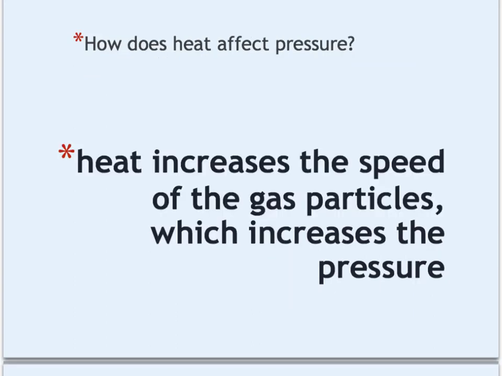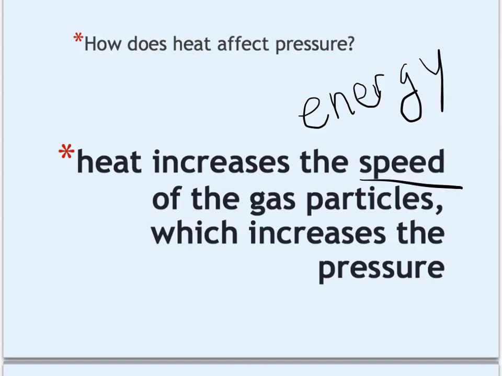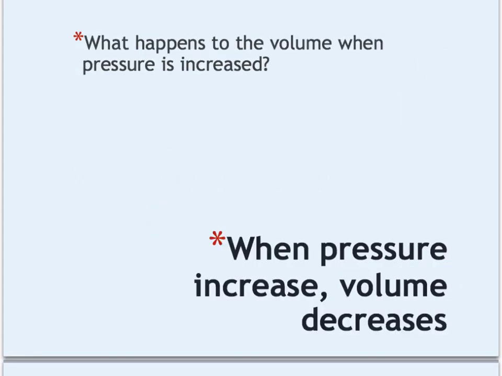How does heat affect pressure? This goes along with our laws at the beginning. Heat increases the speed of the gas particles, which increases the pressure. The speed is increased because the energy is increased. When we have more energy, more speed, as they move around, they're going to increase the pressure. What happens to the volume when pressure is increased?